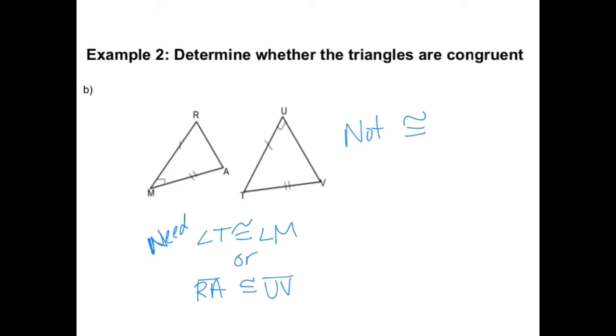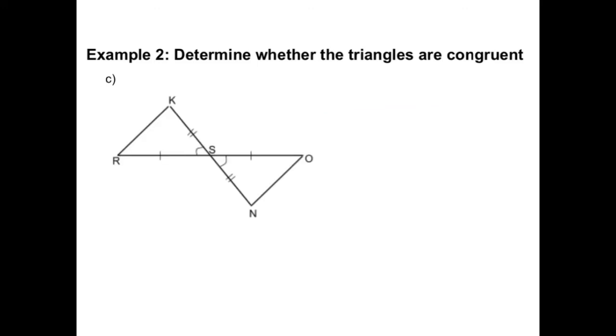And so those would be our two options that would give us a side, angle, side relationship, either side, angle, side, or this side, angle, side, depending on which extra set of information you might be needing. But based on what's given, please understand that the answer to this question is that they are not congruent, but just some forethought into thinking of what would actually be necessary to make them congruent.